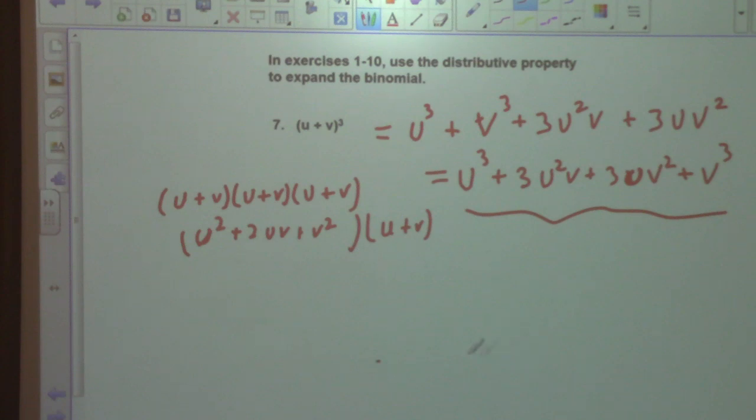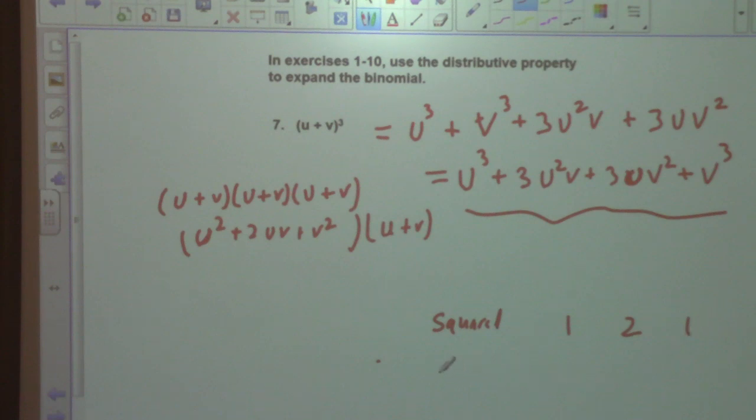So when you looked at a binomial expansion squared, we had a pattern of 1, 2, 1. Remember that? 1x squared plus 2xy plus y squared.